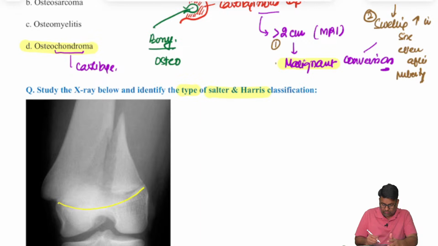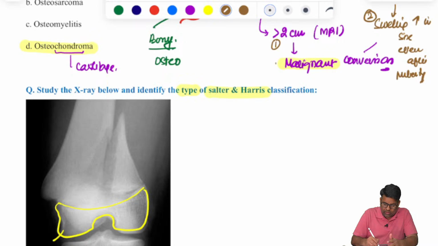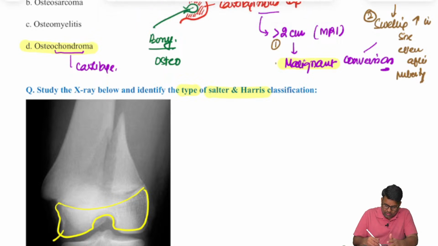So you can say this is the epiphysis, and this is the metaphysis, the broken part, and this is the meaning.